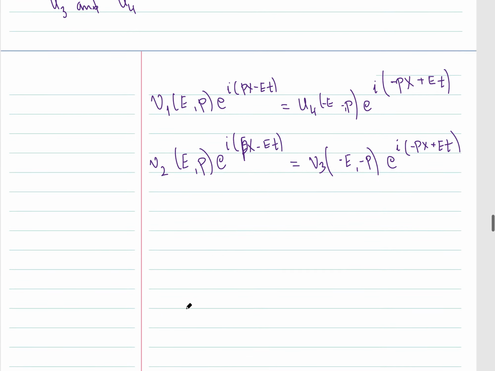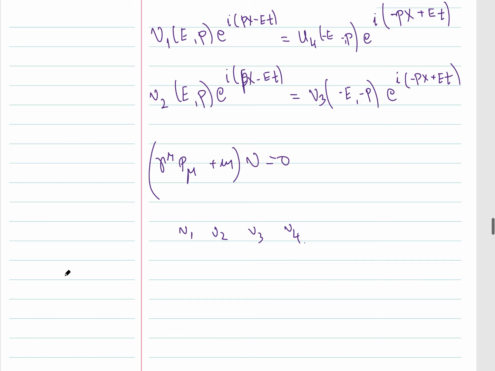So you can try to solve the equation by yourself, and in the end what you should get is gamma mu P mu plus m times V equals 0. Before, for particles, we had the minus sign, but for antiparticles here we have the plus sign. So you have four solutions: V1, V2, V3, and V4.